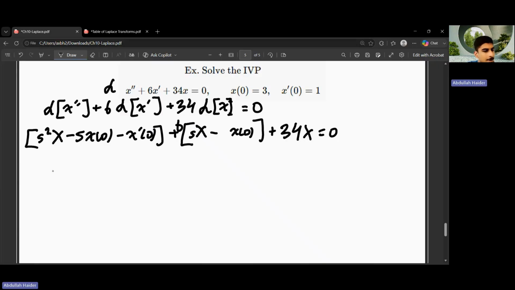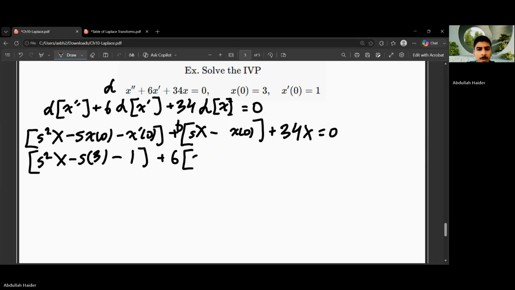Just substitute the initial conditions. So s squared big X minus 3s, now x of 0 is 3, minus x prime of 0 is 1, plus 6 s big X minus 3, plus 34 big X is equal to 0.